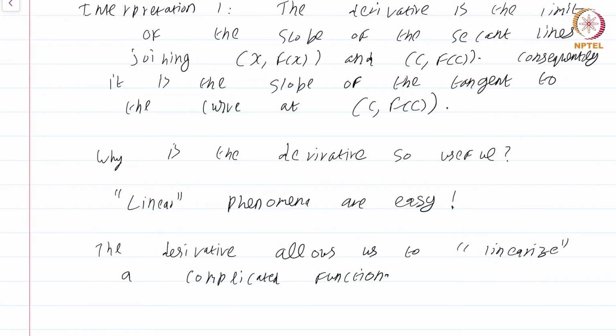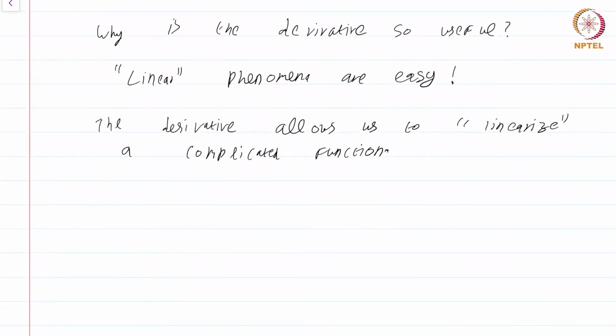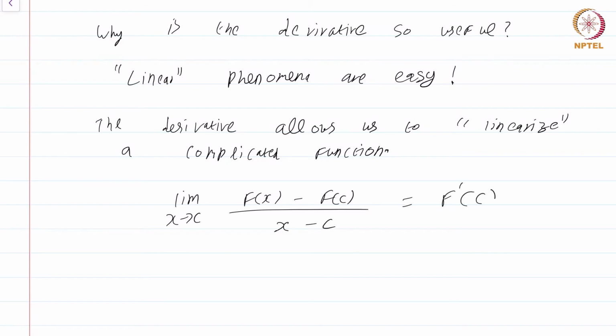Well, let's look back at the definition. It's the limit as x goes to c of f of x minus f of c by x minus c. This is nothing but f prime of c, right? Note that this f prime of c is just a real number.